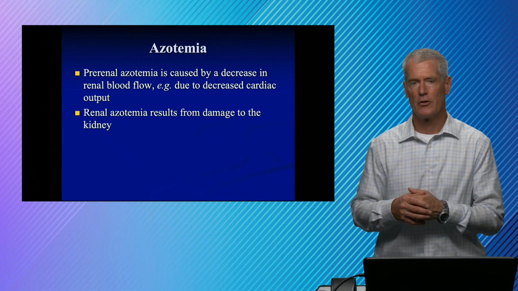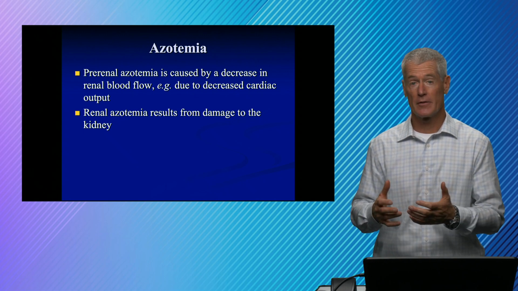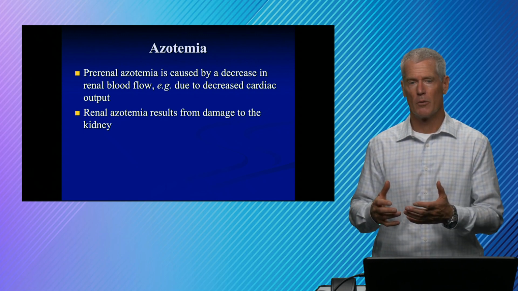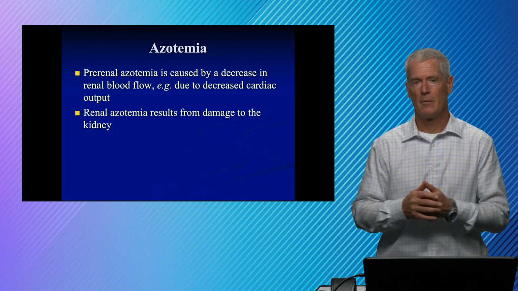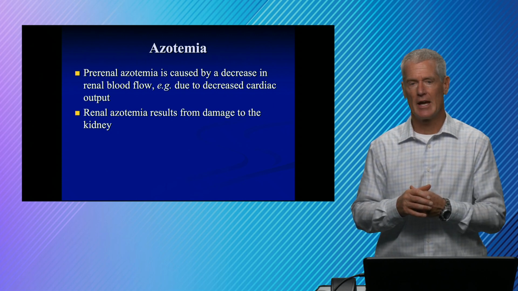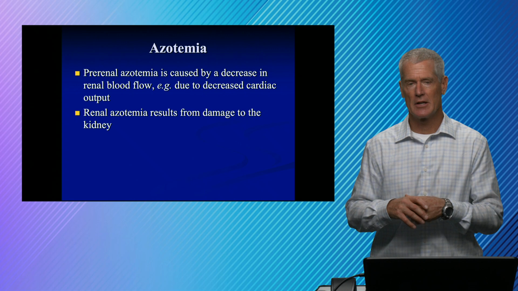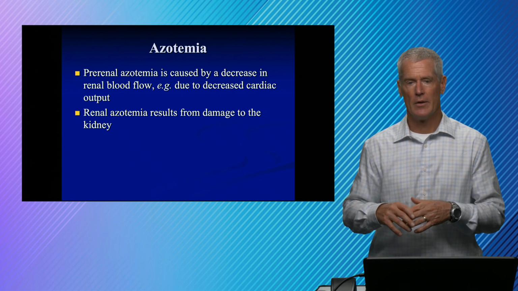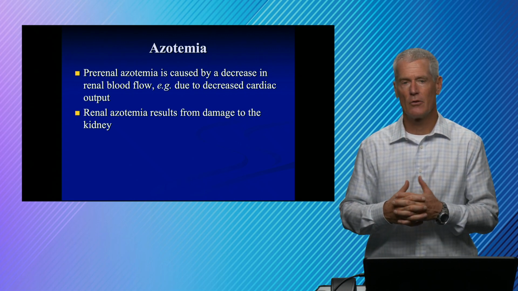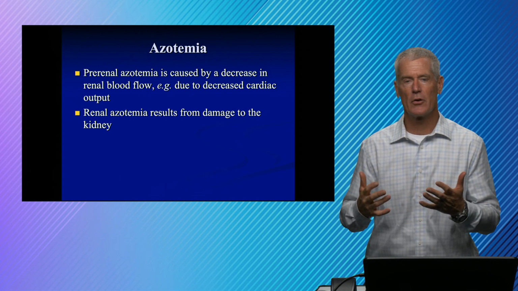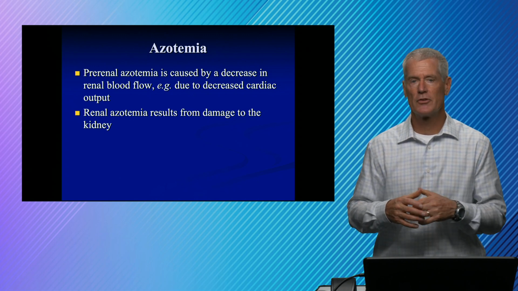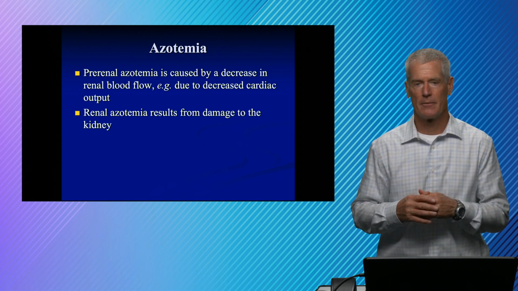If your urea is reabsorbed better because of the low flow through the tubules, your blood urea goes up, but your blood creatinine stays the same, and your SUN to creatinine ratio goes high. So in the cases of prerenal azotemia, your SUN to creatinine ratio might be 30, but your creatinine will typically be near the normal range.